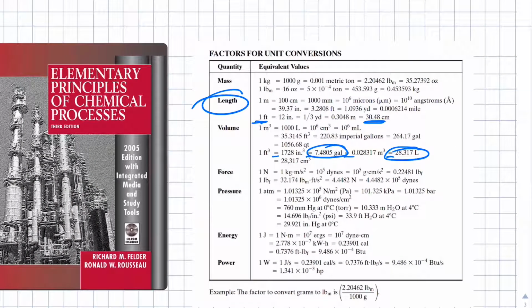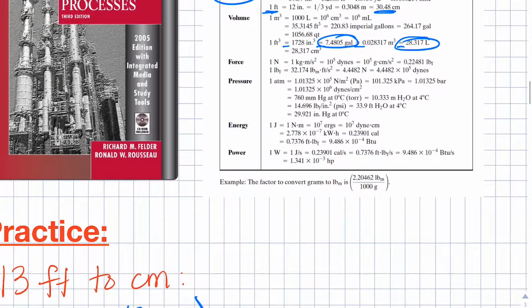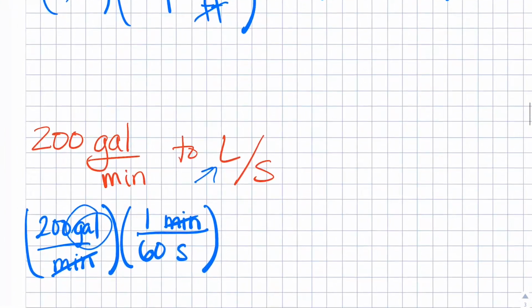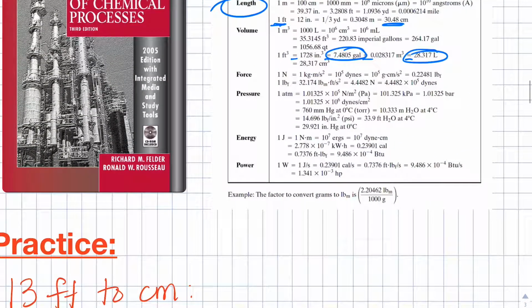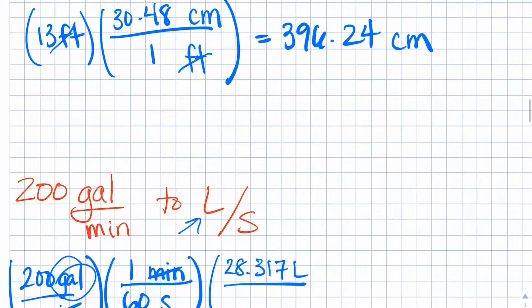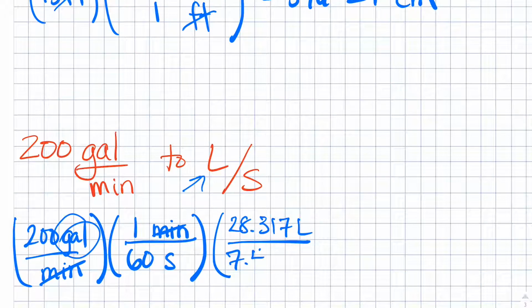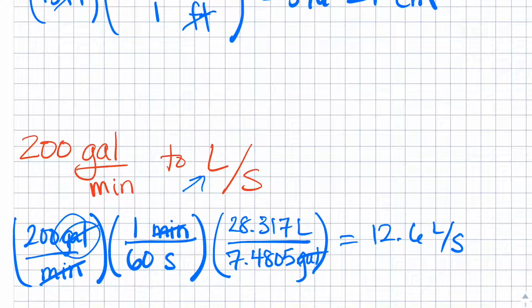So I can say, this is where it gets tricky when the conversions get longer, 28.317 liters is the same as 7.4805 gallons. So the gallons now cancel, because what comes up must come down, and we're left with liters per second of 12.6 liters per second.